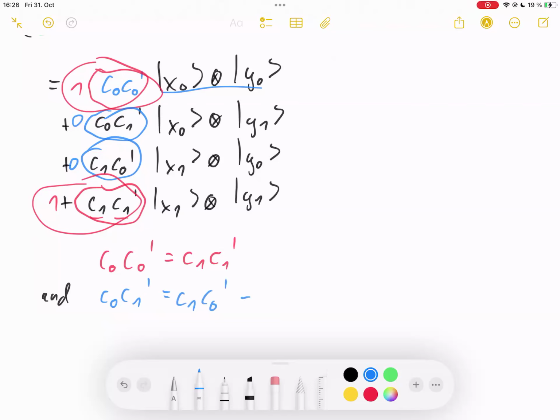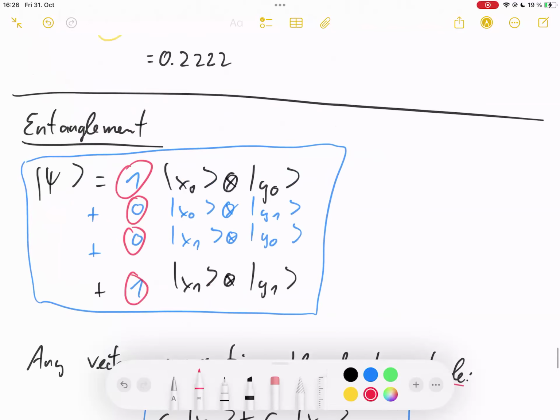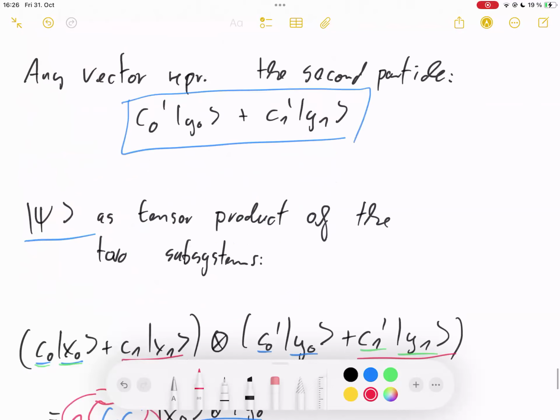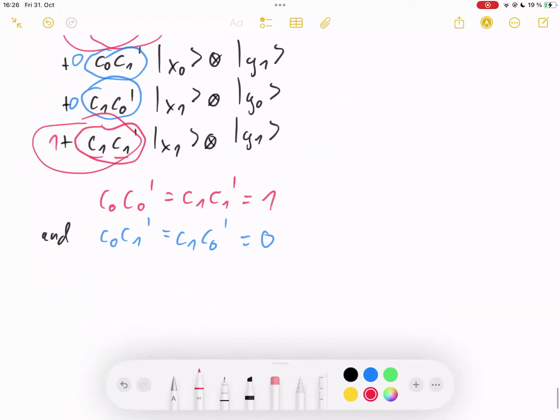And this one would be 0, and the red part would be 1. And if this was possible, then I would be able to describe this state that I had put here. But it turns out that these equations do not have a solution.